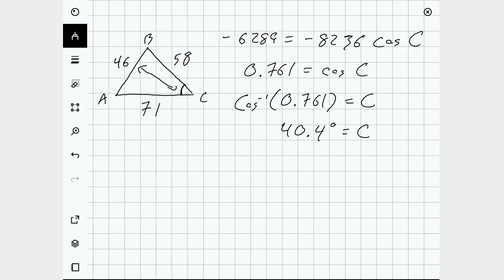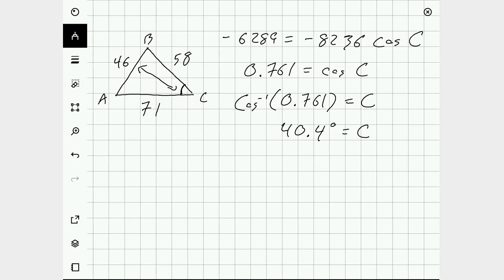Because I have all 3 sides of the triangle known, I'm not going to run into any weird problems of triangle not existing or there being 2 possibilities for the triangle. I do have to worry a little bit to make sure that I don't have an obtuse angle somewhere in here, but I have all 3 of the angles of a similar size.